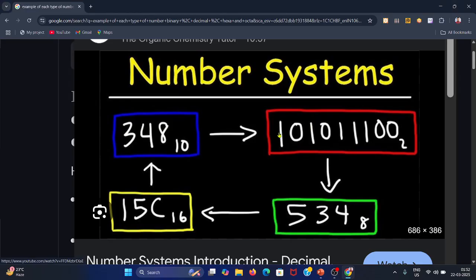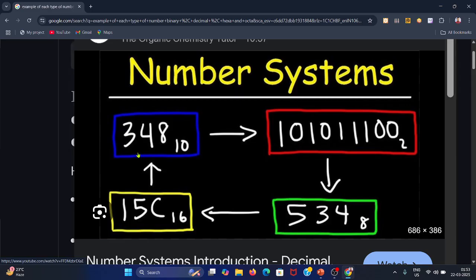That's why you can see this number is represented using 0 and 1. Similarly, base 10 means a decimal number. In a decimal number, the base is 10, so we can put digits starting from 0 to 9 to represent it. The example here is 348.